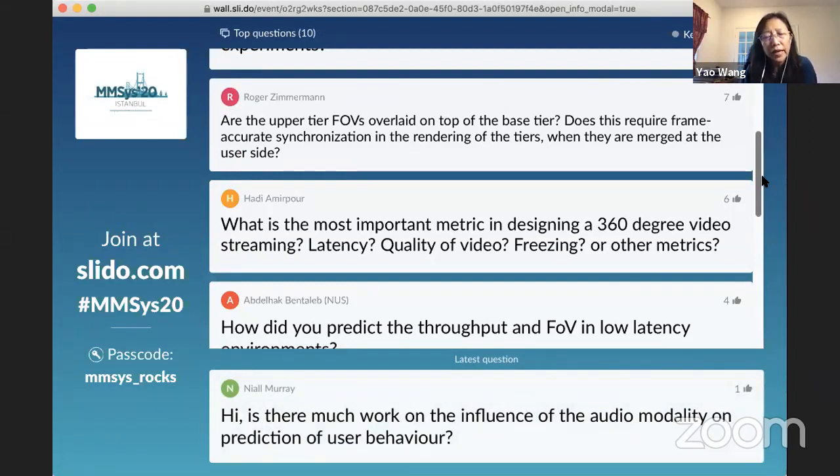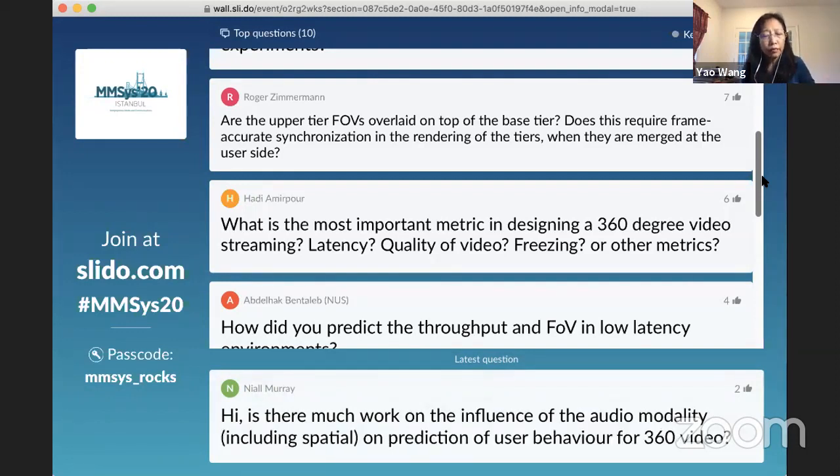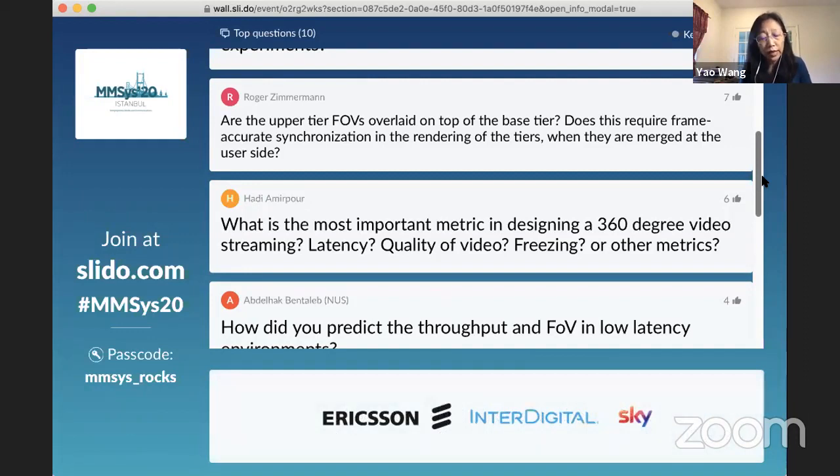So when you have the enhancement tier covering the area that you look at, you would just use the decoded portion from the enhancement tier. In terms of synchronization, we basically have two separate buffers, right? For each segment, we always have the low quality rendering in all 360. For some segments, we have the high quality from the enhancement tier. So if we have the high quality, we just play that. And if not, we go back to the base tier.